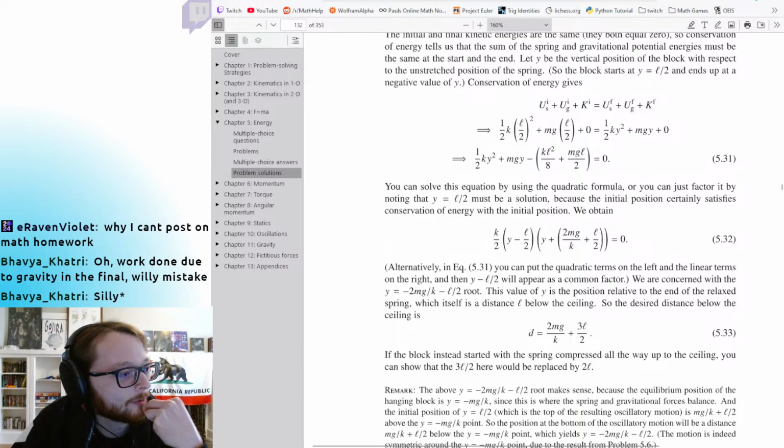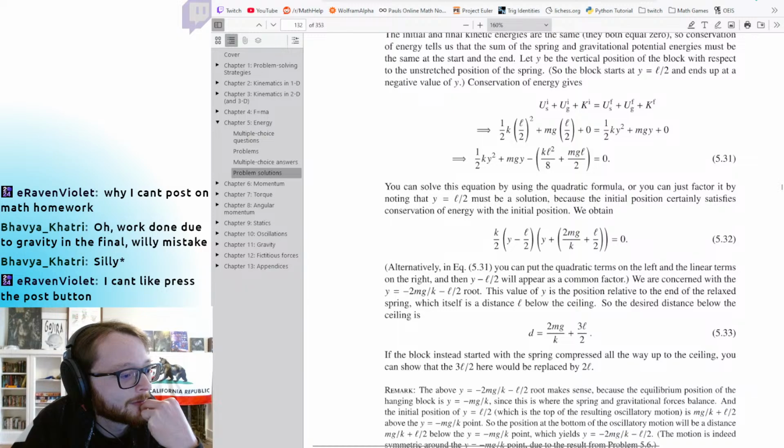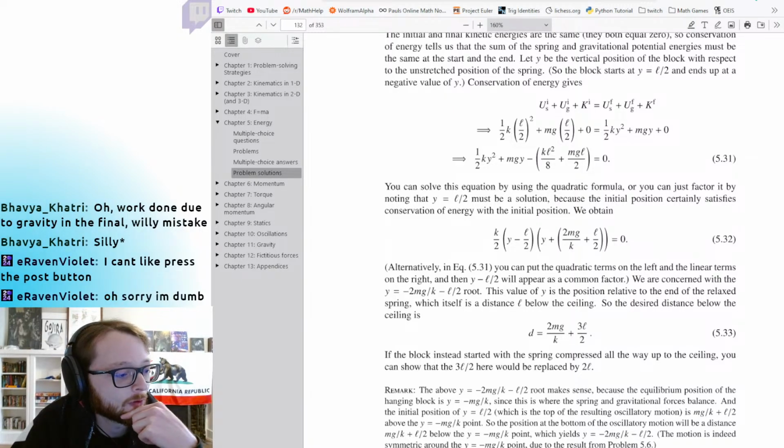You can't press the post button? That's so weird. I feel like I've had people say the same thing, but they never really explained it. Oh, okay, it might be forcing you to choose a tag. I might have marked... No, I don't think I required that. I don't know.